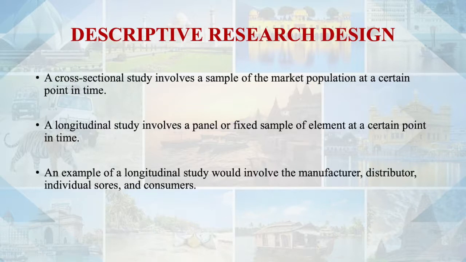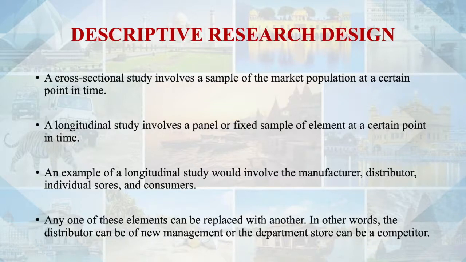An example of a longitudinal study would involve the manufacturer, distributors, individual stores, and consumers. Any one of these elements can be replaced with another. In other words, the distributor can be of new management or the department store can be a competitor.